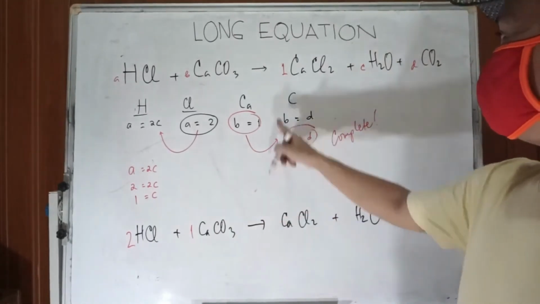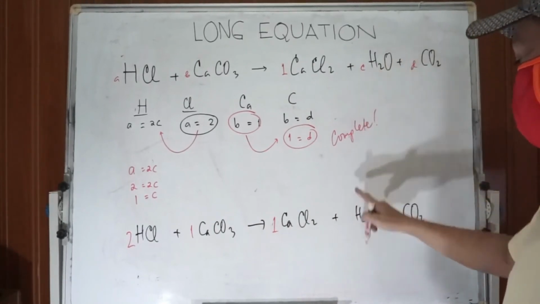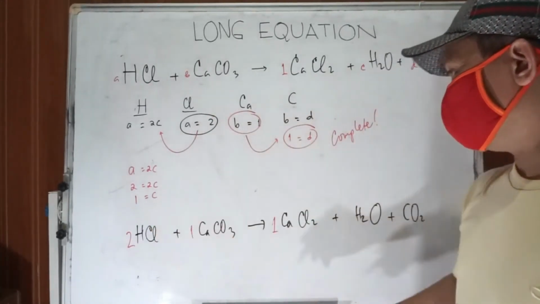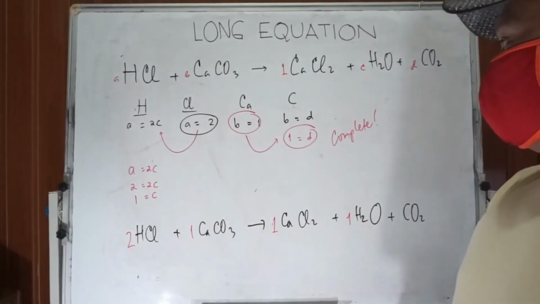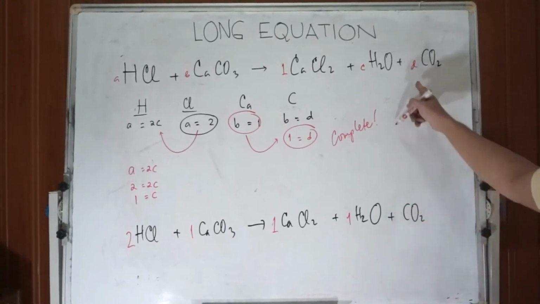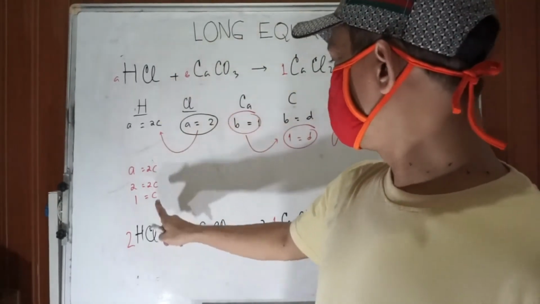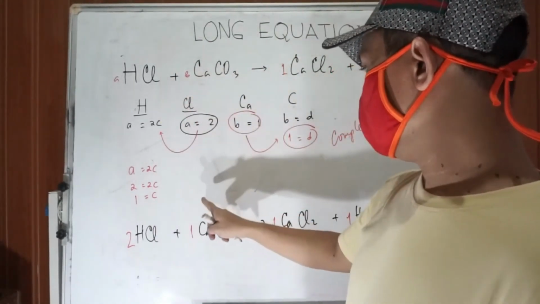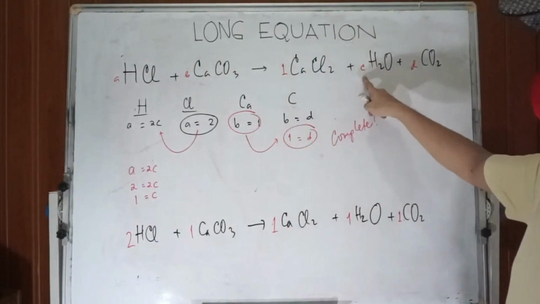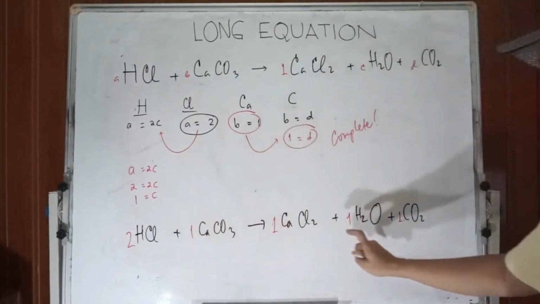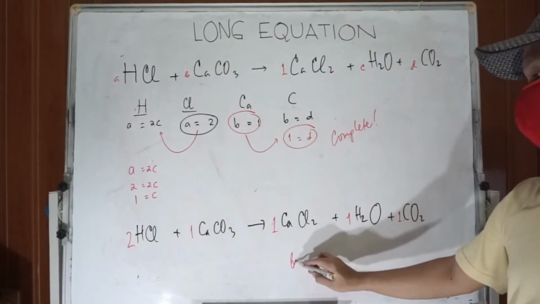C, where is C? C is 1. D, where is D? D is 1. So there's A, 2, and then B is 1 here, and this one still remains 1. C, so you got 1 here, and D here. How many D? D 1. Okay. Balanced.